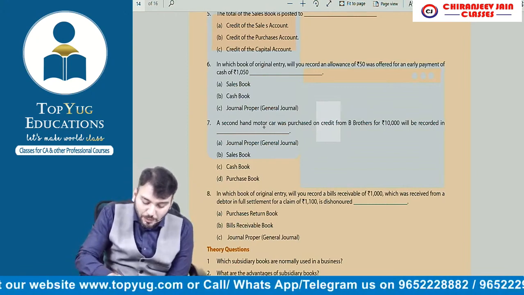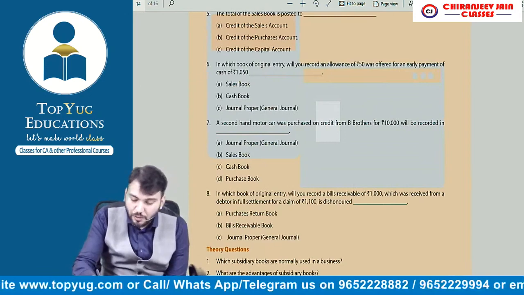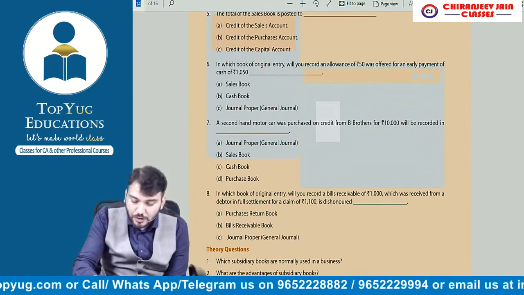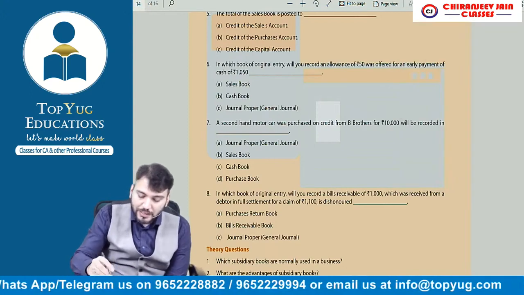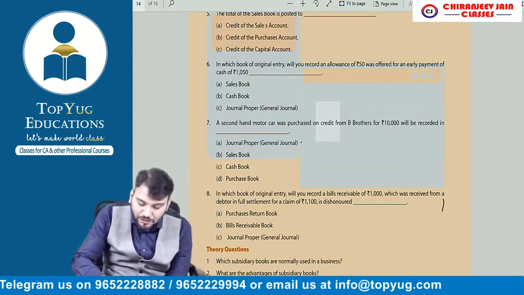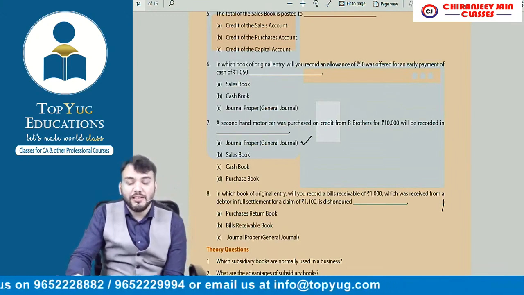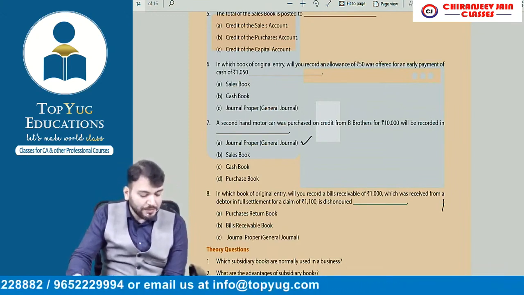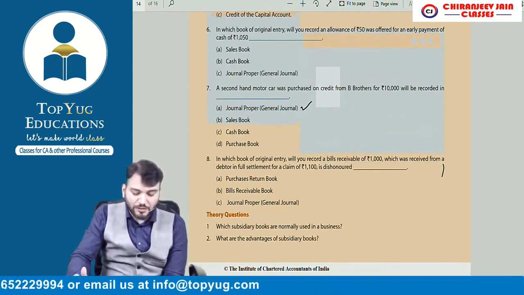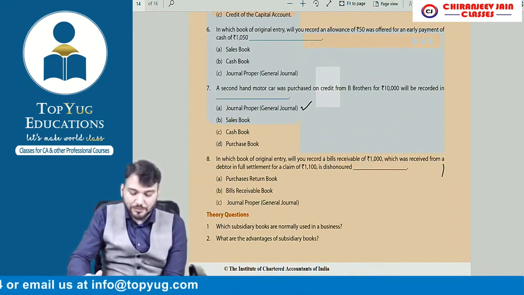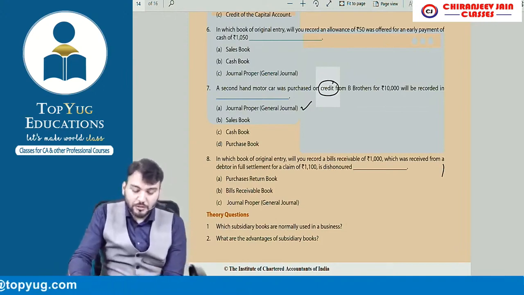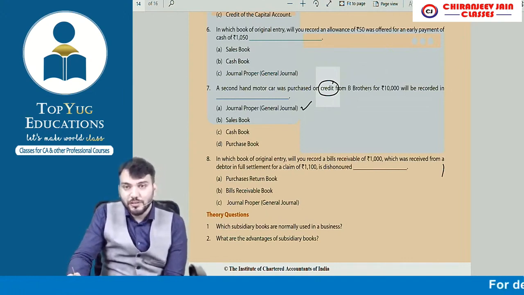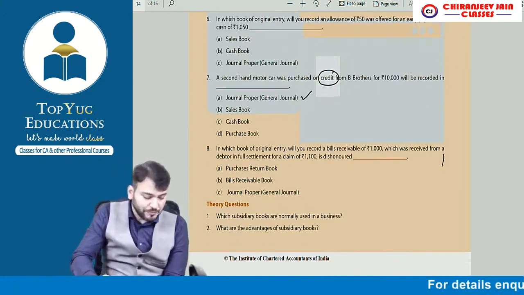A motor car is not goods, therefore it is a purchase of a fixed asset. Therefore it will be recorded in the journal proper, because it is on credit from B Brothers.